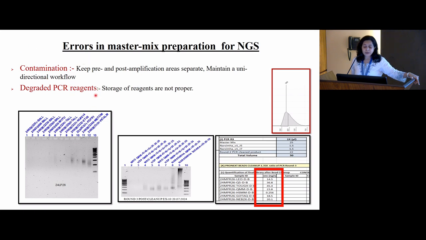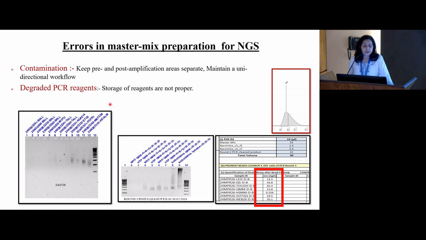So keep your pre- and post-amplification area samples and the master mix separately. For example, some batches did library preparation yesterday, and we came to know that some of the work was done in the PCR setup area and some in the post-PCR area. In that condition, you have to keep even the cleaning beads separately in two different areas, never mixed together. So maintain a unidirectional workflow, that is important.